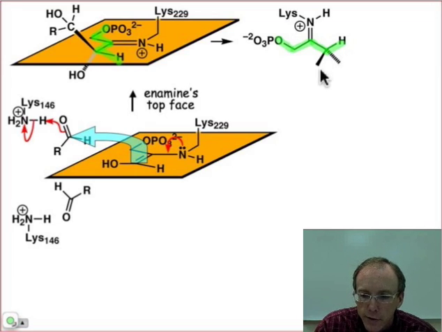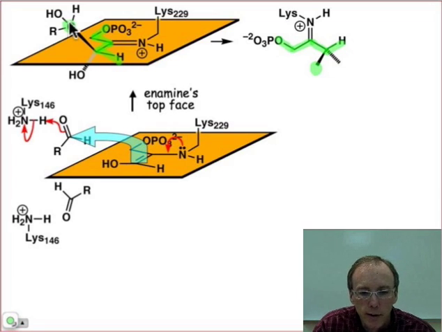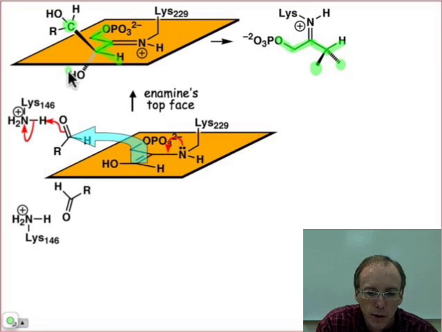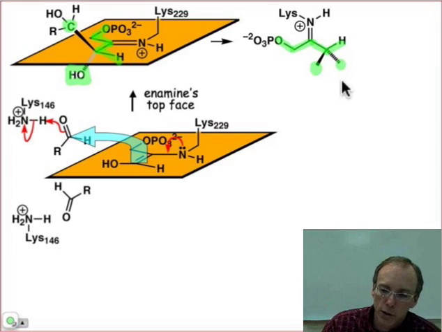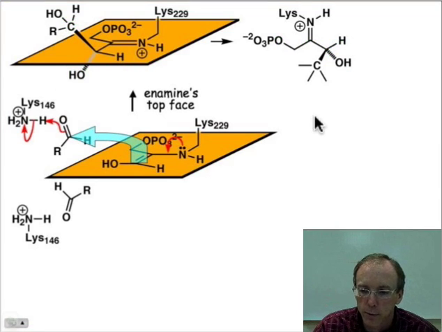And so what I can see is that this position must represent the group that's pointing outward, and that's the carbonyl, that was the carbonyl of the aldehyde group. That's the new carbon-carbon bond, and in the back must be the hydroxyl group. And so that's what I can imagine as I took this perspective view and rotated it in the plane that's shown there. Indeed, that's the way it's positioned.